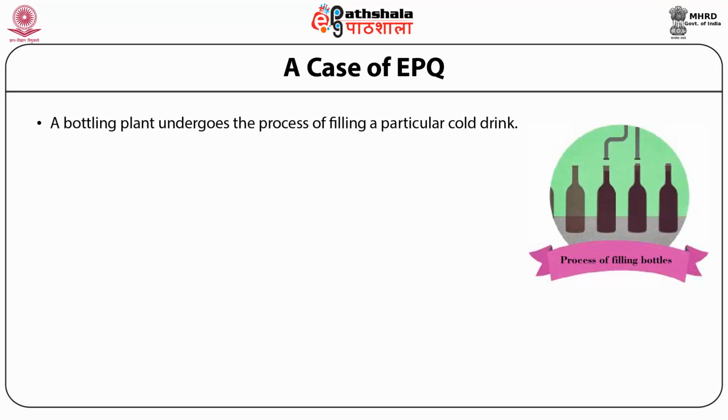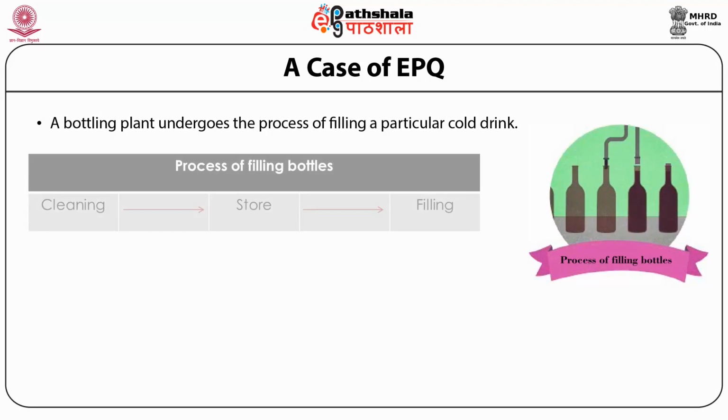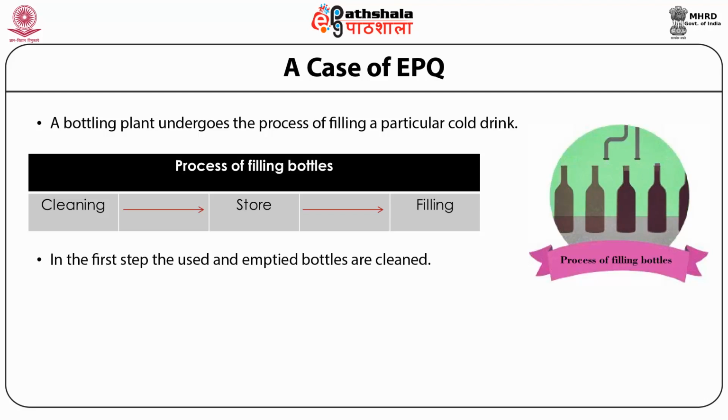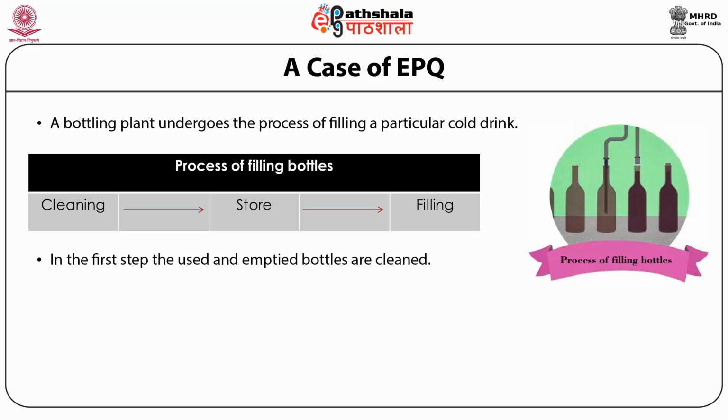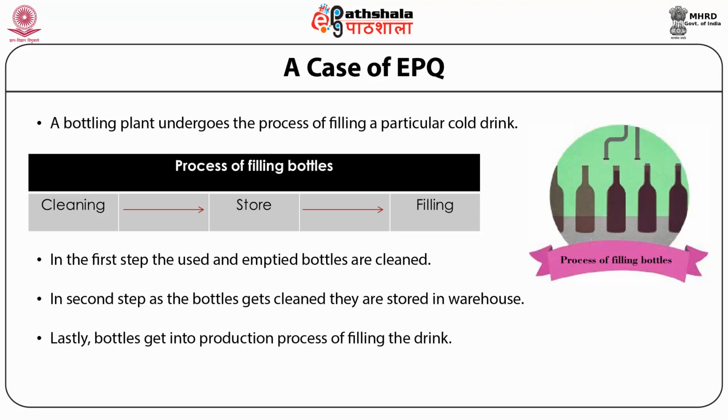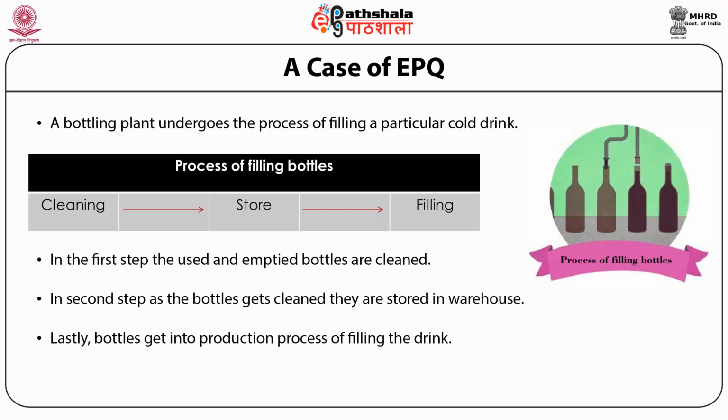A bottling plant undergoes the process of filling a particular cold drink. The process involves three steps. In first step, the used and emptied bottles are cleaned. Then in second step, as the bottles get cleaned, they are stored in warehouse. Lastly, bottles get into production process of filling the drink.